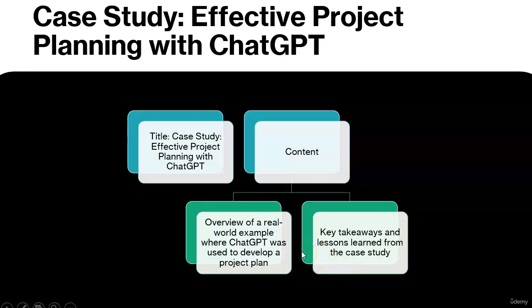By following the steps we have discussed, they were able to create a detailed plan that accounted for all key aspects, including timelines, resources, and risk management. The final plan was well received by stakeholders and the project proceeded smoothly. The key takeaway here is that ChatGPT, when used effectively, can significantly enhance your project planning process.